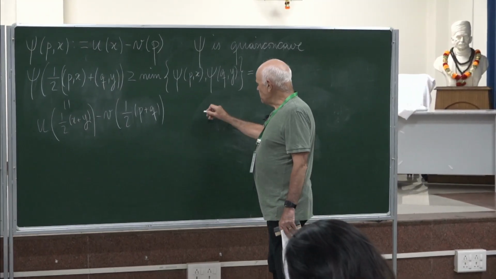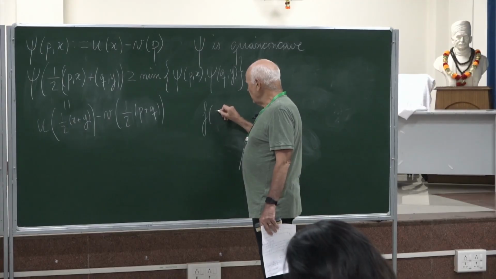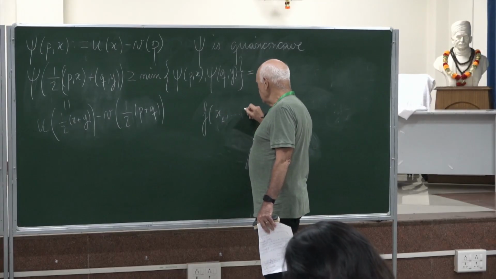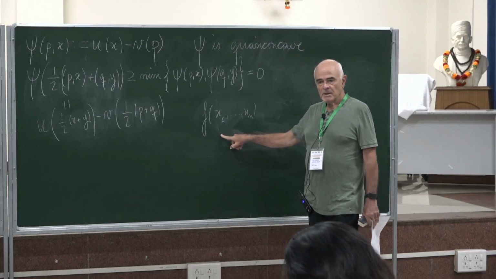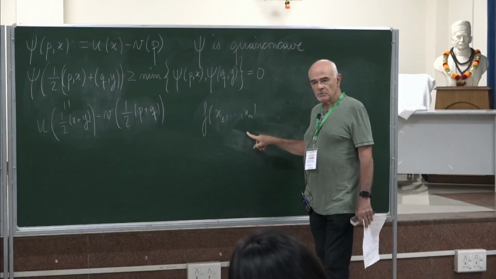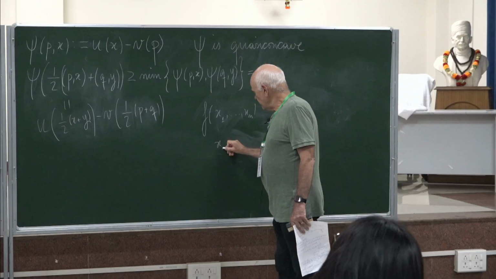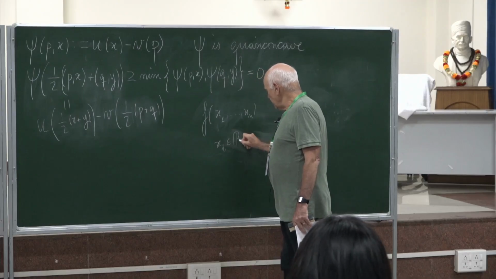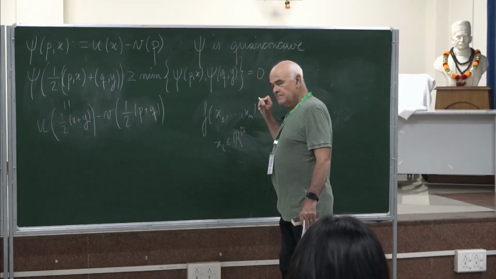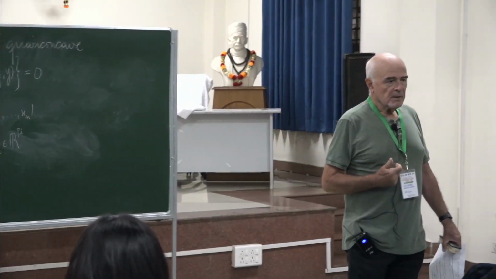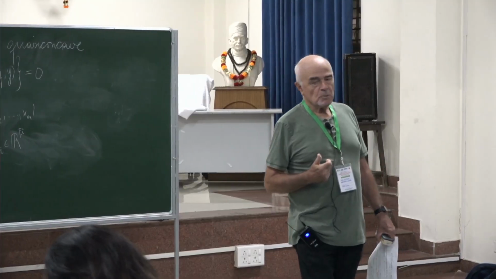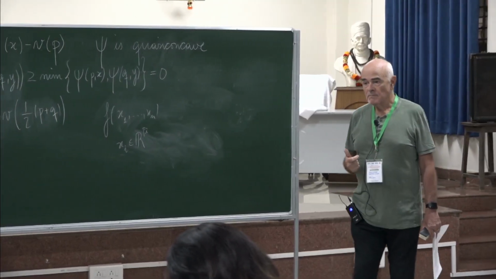Suppose you have a function f of x1, ..., xn, but be careful, now x1 is not a number, it's a vector, so all these are vectors. Xi belongs to R to the p_i, vectors of different sizes. And suppose the function is separable.